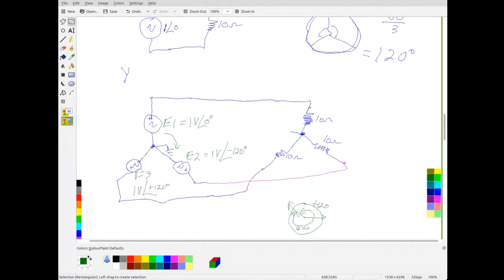It doesn't matter which one you select as your reference point, but if you call one of them 0 degrees, then the next will be minus 120 degrees, and the other one would be plus 120 degrees.